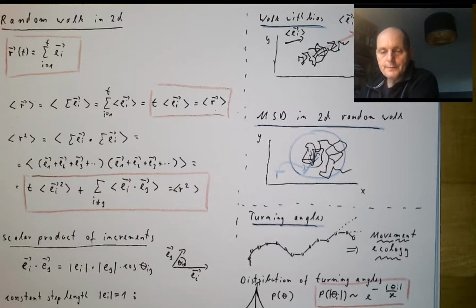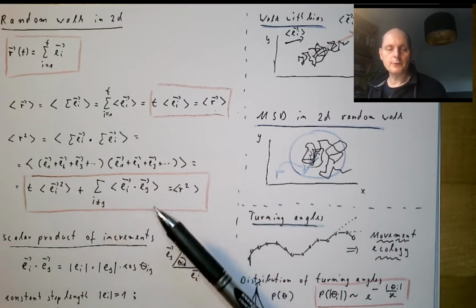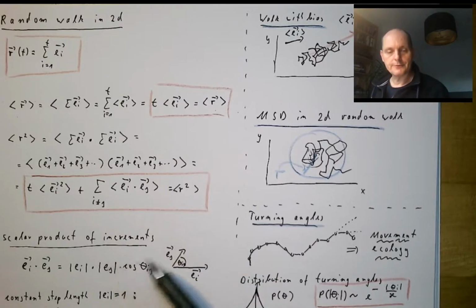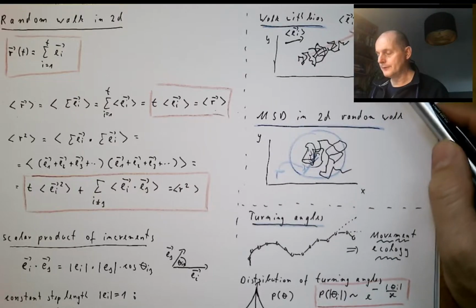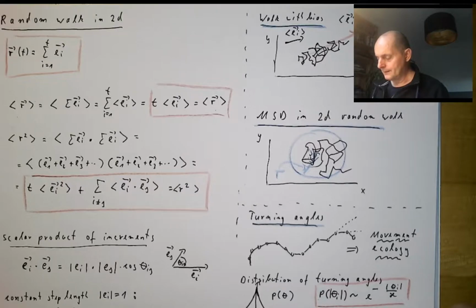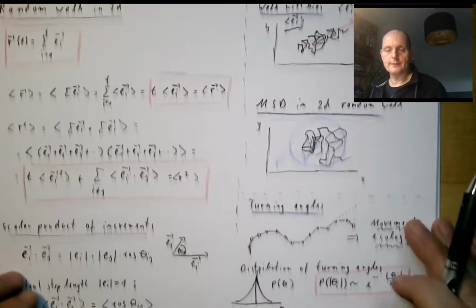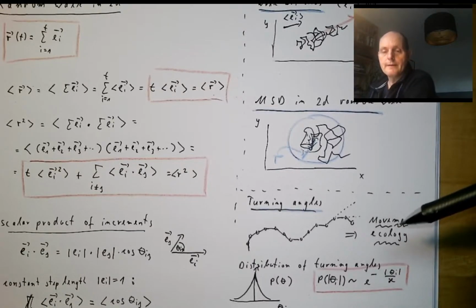So in the last video, we were looking at random walks in 2D. We saw that a lot of the analysis of 1D random walks can be used, but we have to take into account the directionality. And now by an analysis of things like mean increments, mean square deviations, and the distribution of turning angles, we can start to analyze a lot of the properties of movements of animals and also of humans.